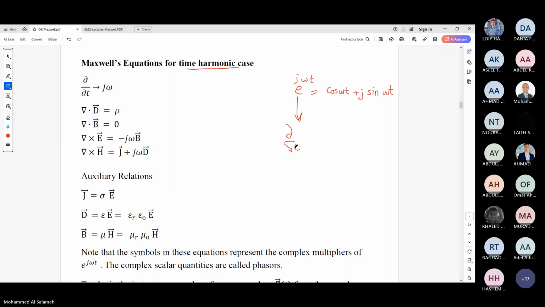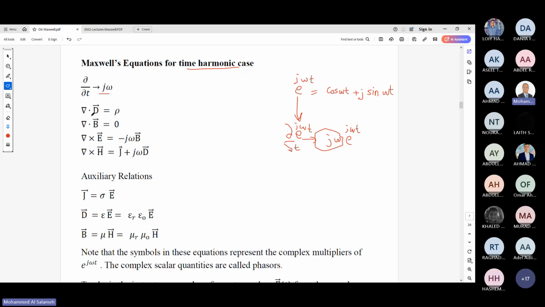So d by dt of exponential j omega t gives j omega times exponential j omega t. So derivative of the equation will be replaced by j omega because exponential j omega t is the same as the original one. So you replace every derivative by j omega.